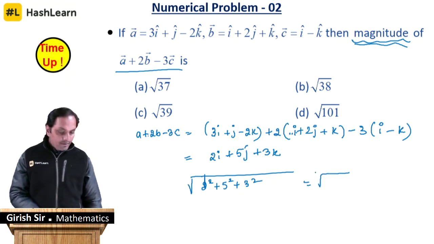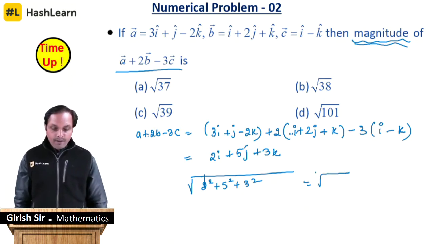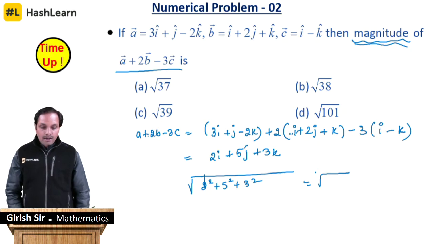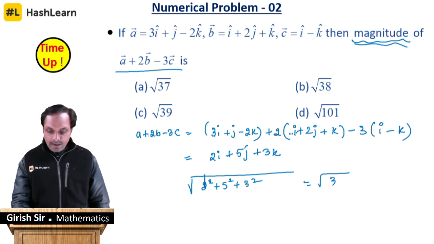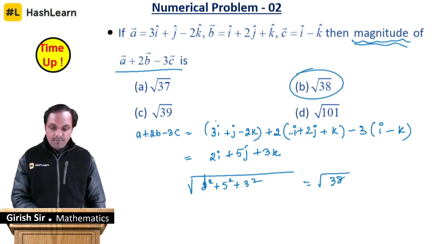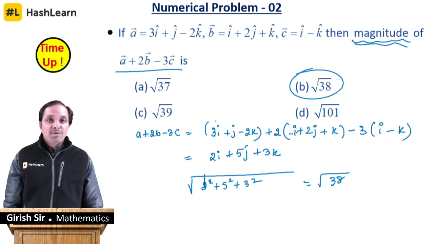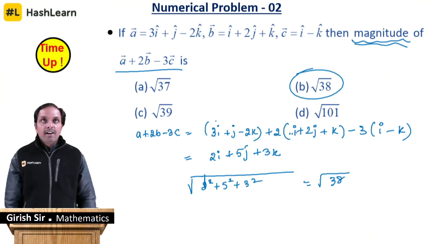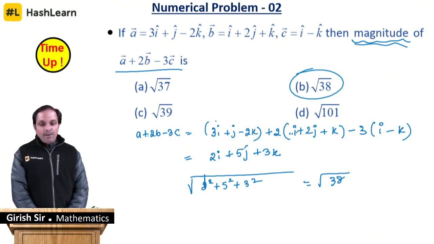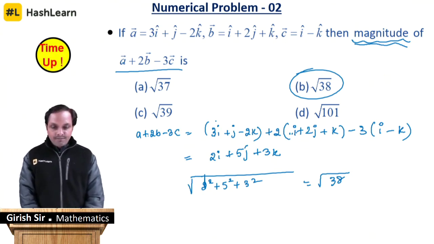So what will that give you? The second one is option B. Yes, 25 plus 9 is 34, plus 4 is 38, which is in option B. That is your answer. Yes, Himanshu, that's right. Option B is the right choice. Great. Get ready for the next numerical.